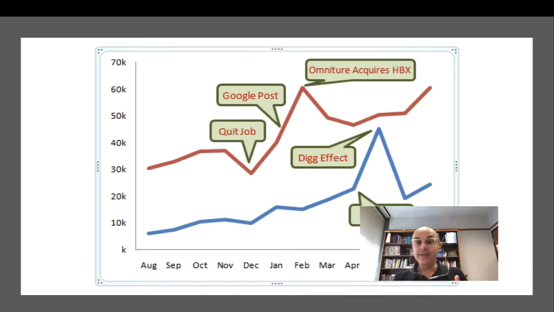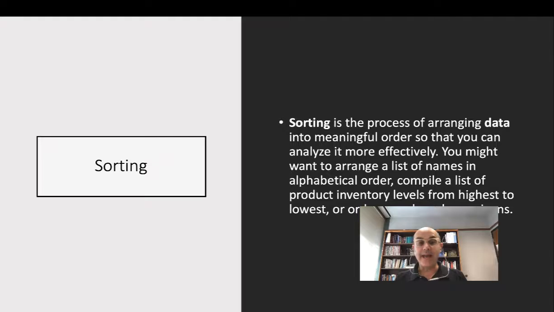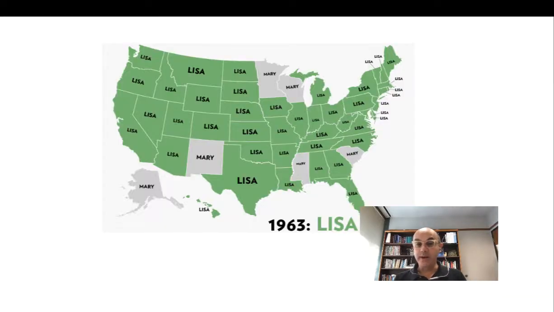And again, this is the issue of adding more dimensions to the analysis, and by doing that we are able to sort, the process of arranging the data into meaningful order, in order for us to have the idea of the visual that will help us sort the data. So the idea of sorting the data is also meaningful.